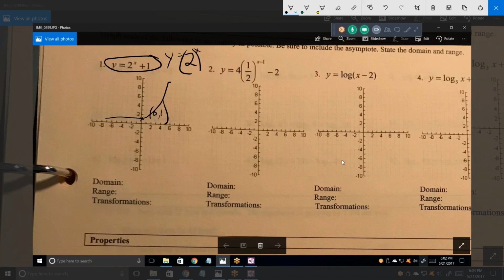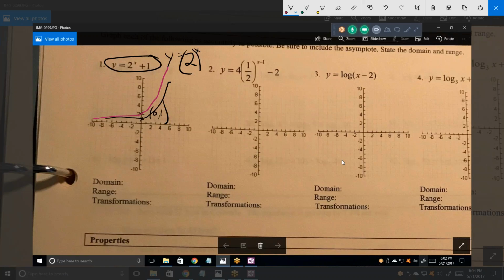So the only point that I know here is going to go where? 0, so 2 to the 0 plus 1. 1 plus 1 is equal to 2. It's going to go at 0, comma 2. In other words, the graph of the function that we want is going to look very similar to the parent function, except it's going to go through the point 0, comma 2.